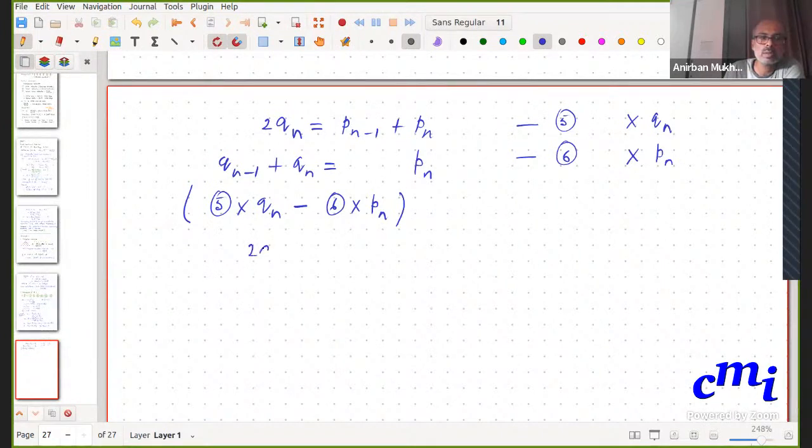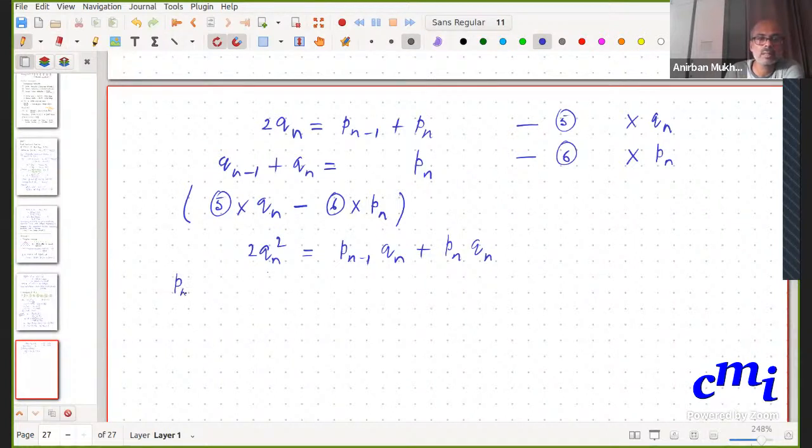So 2Qn square is equal to Pn minus 1 Qn plus Pn Qn, and then multiply by Pn, so it is Qn minus 1 Pn. Okay.